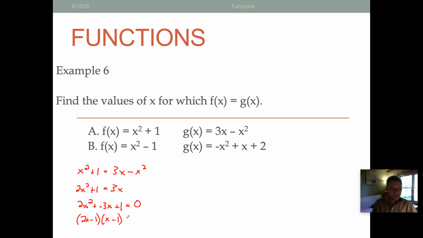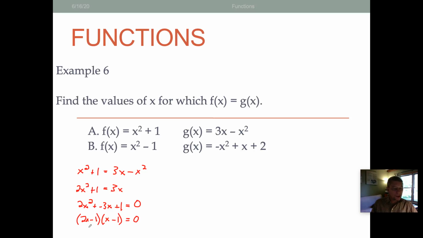And if you think about this, 2x times x is 2x squared. 2x times negative 1 is minus 2x. Minus 1 times x is minus 1x. So minus 2x plus minus 1x is minus 3x. And then negative 1 times negative 1 is positive 1.